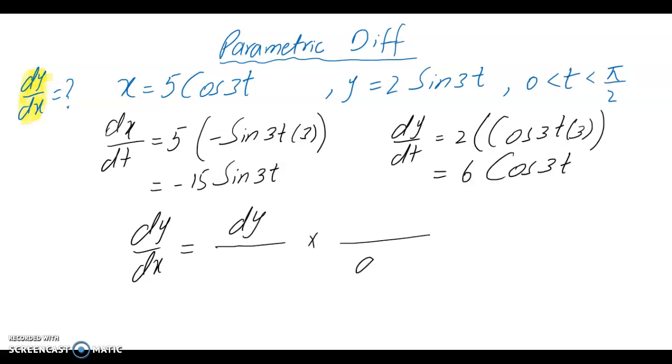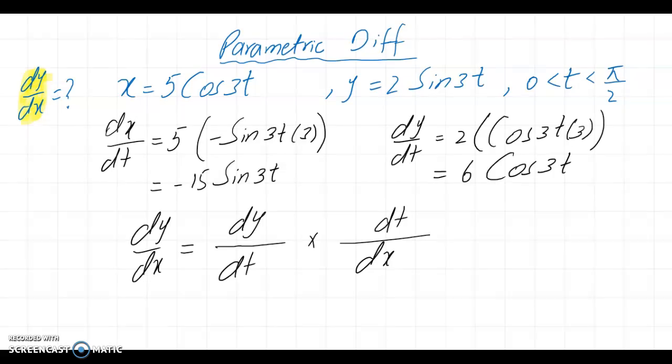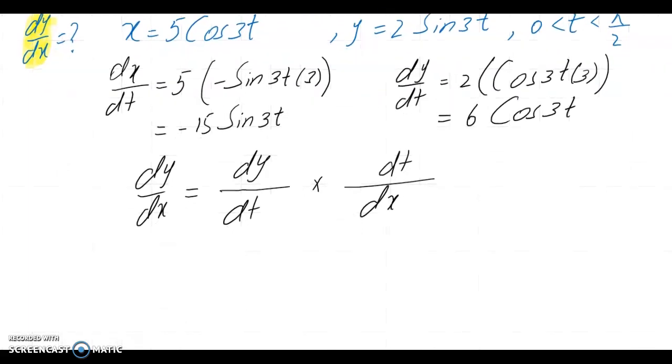We write dy by dx as dy by dt times dt by dx. Now we can insert the values. dy by dt is clear, so we can put it here. But the second one we need is dt by dx, while right now we have dx by dt.